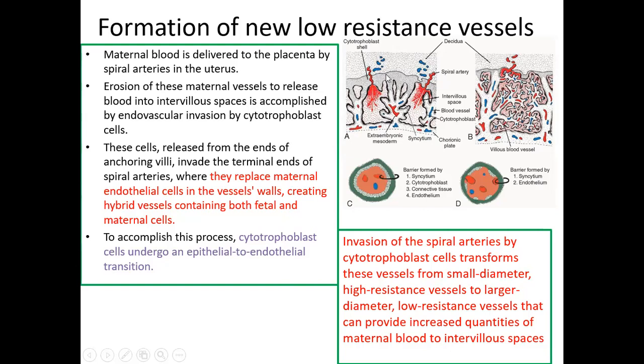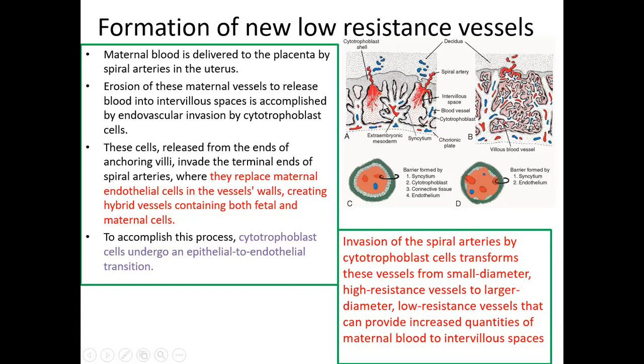So erosion of these maternal vessels to release blood into the intervillous space is accomplished by endovascular invasion by cytotrophoblast cells. So the cytotrophoblastic cell layer will invade the maternal spiral arteries and cause erosion of these maternal vessels.